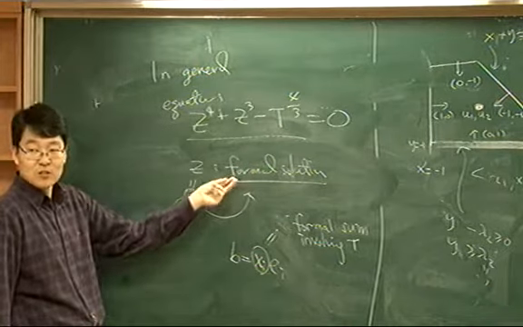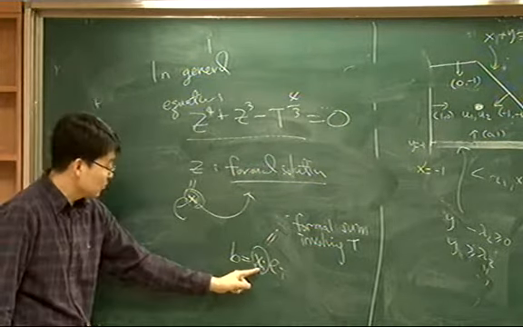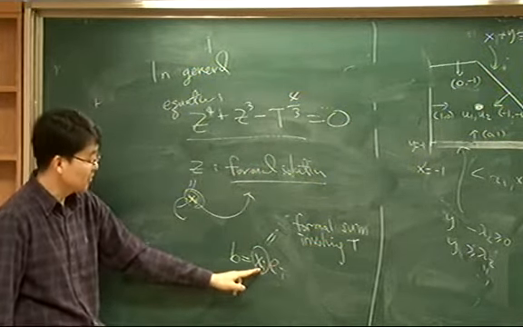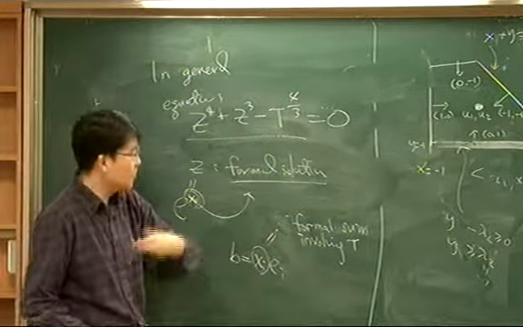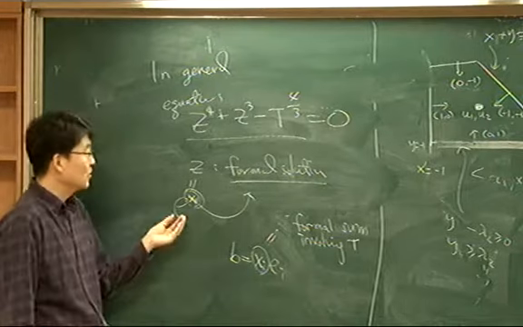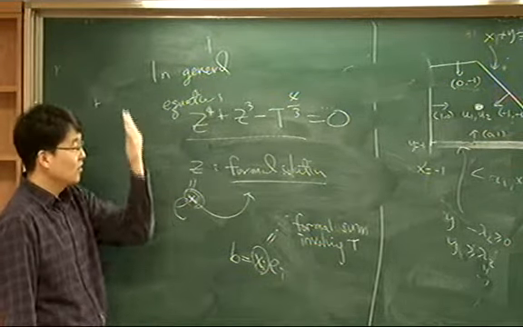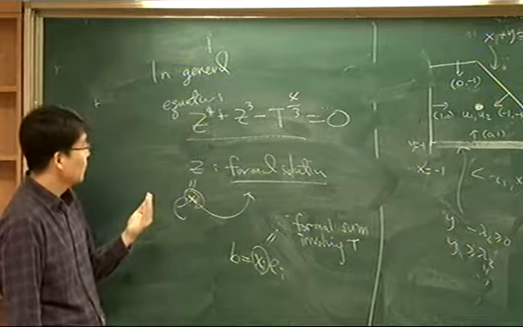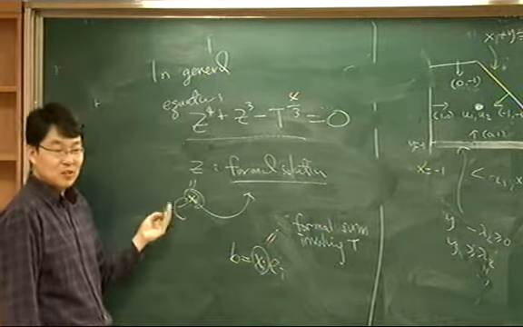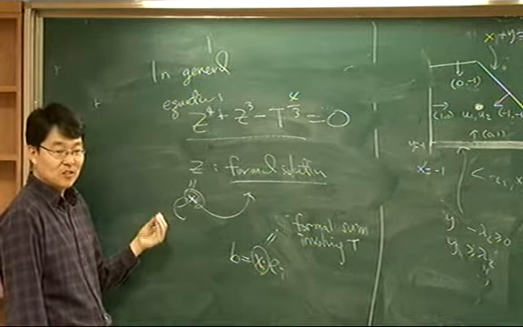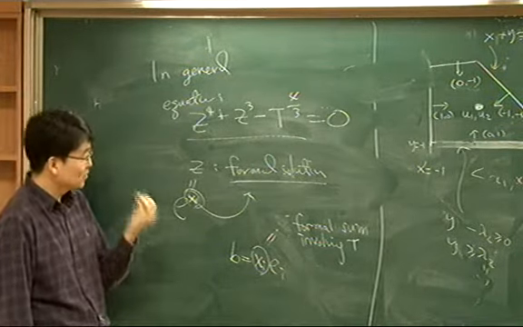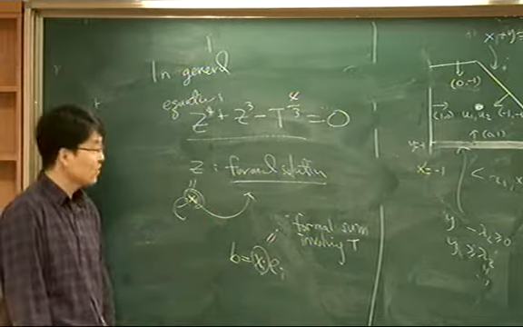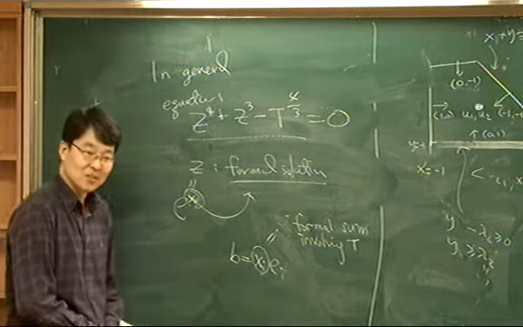A formal solution is good enough, because you can plug in formal variables here. So by looking at this deformed A-infinity algebra, you can find more Lagrangian fibers with non-vanishing Floer homology. So by generalizing your definition of Floer homology, you find more and more. Okay, so maybe I'll stop here.